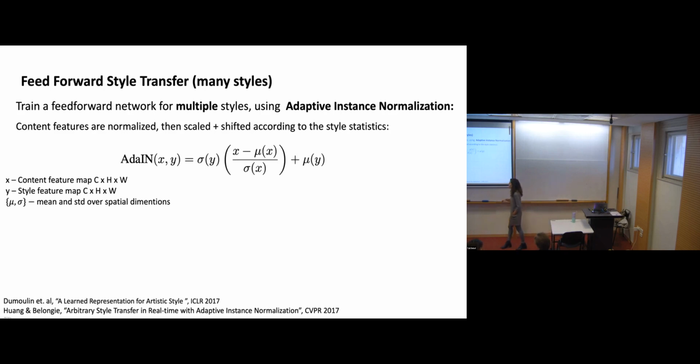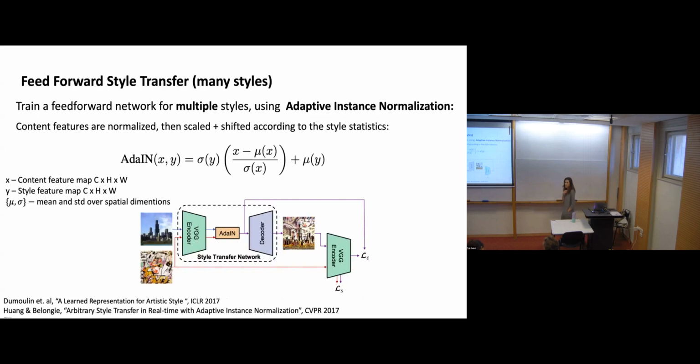If my input image is X and the stylized image feature map is denoted by Y, then we can take our input feature map, normalize it using instance normalization, and then scale it so that it matches the statistics of the target style, by multiplying it by the standard deviation of the target style and adding the mean. This is a simple operation that allows them to design a neural network that can be applied to many different styles, as follows.